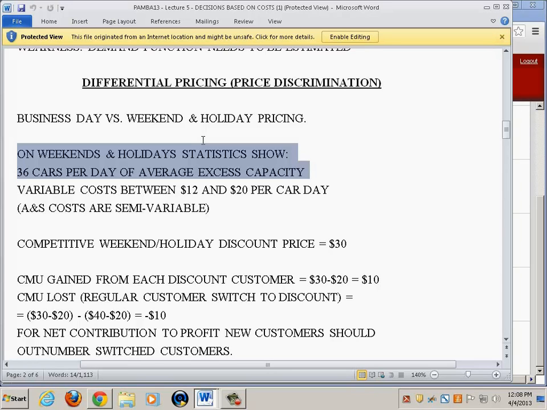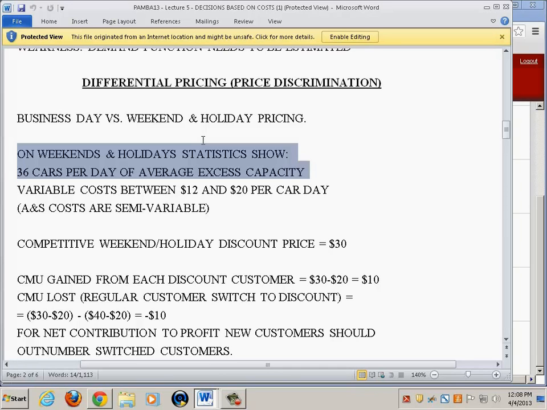Well, the general answer to that is that as long as you charge a price that more than covers your variable costs, you will still be adding to your profits.